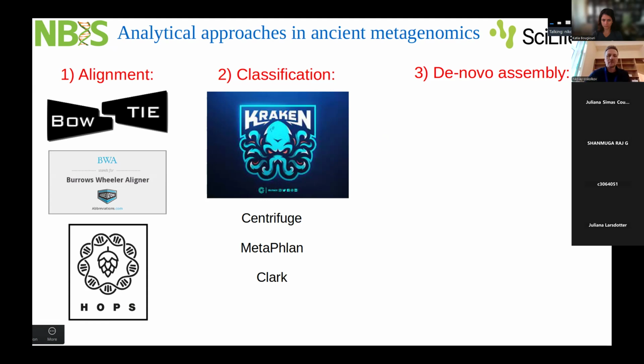So there are ways to skip this alignment step and quickly get some understanding of what is inside your sample. By doing this k-mer-based quick lookup, using some lookup table to quickly check the composition of your sample, at least in this way, you can be more sure that you're working with just a single organism.